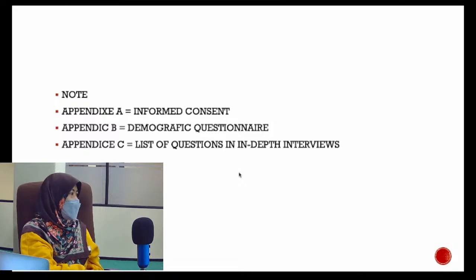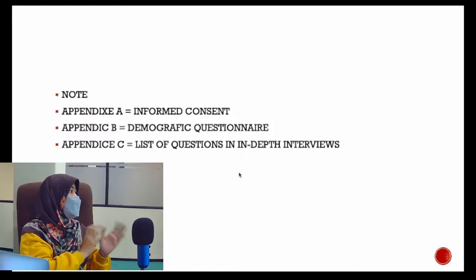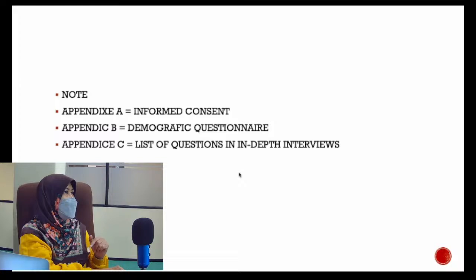But at least, first of all, before you go to the field, you have to master what you want to ask. So that's why I use this list of questions, Appendix C. This will be used when I analyze the themes and sub-themes.